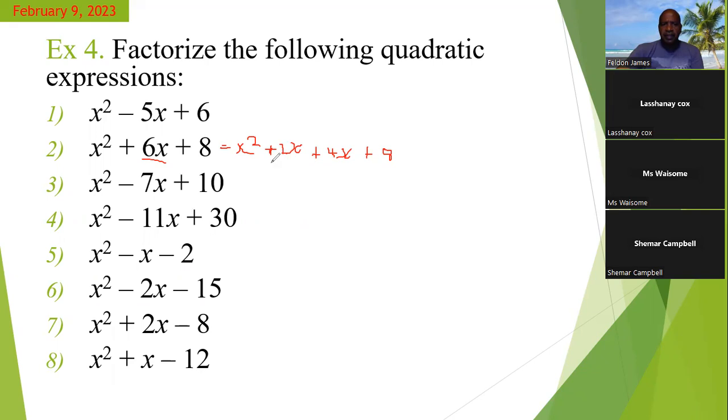For the first pair, x is common. So we have x into x squared, and x into 2x. We'll just leave back 2.